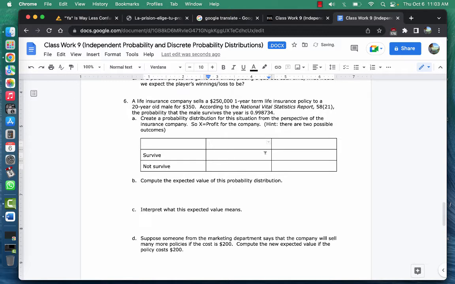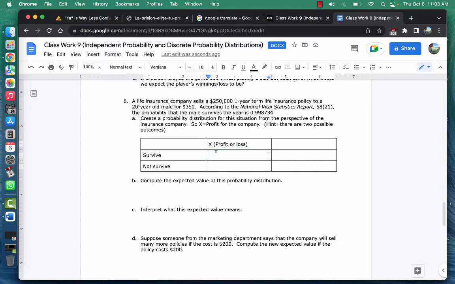Now here are the outcomes. The outcomes are the random variable. This is the profit or loss for the company, because the problem says create a probability distribution for this situation from the perspective of the insurance company. And X is the profit.